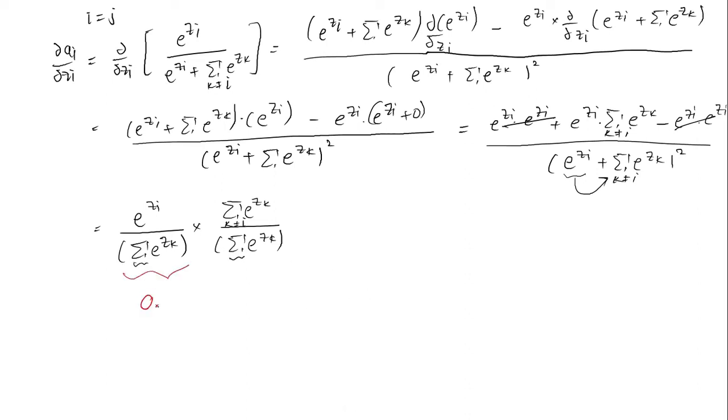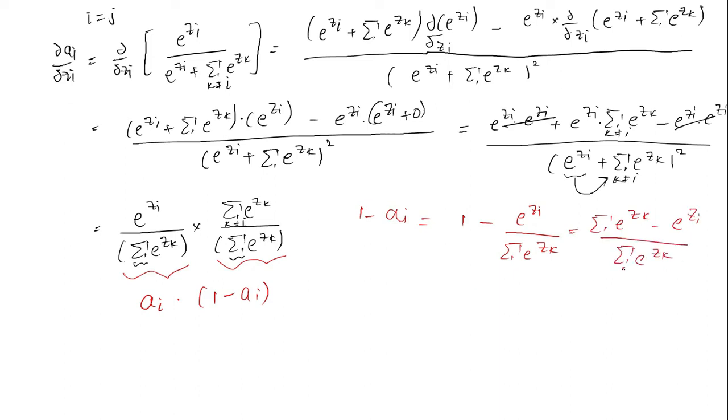So this will be our ai, and this can be written as 1 minus of ai, because if you take 1 minus of ai, then you will get the entire summation, and when you subtract the ith term from this summation, it will be just the summation where k is not equal to i, e power zk upon the entire summation. So this term can be written as 1 minus of ai. So our del ai by del zi is given by ai multiplied by 1 minus of ai.